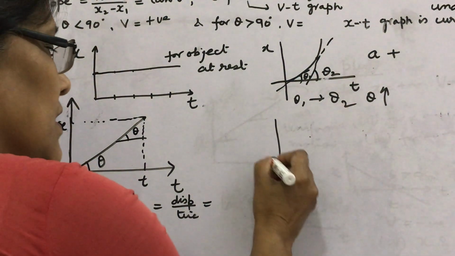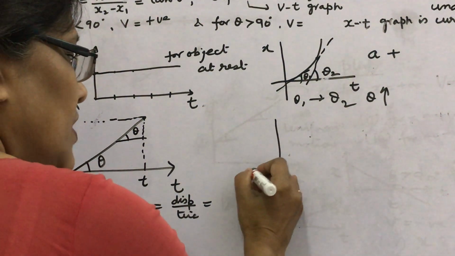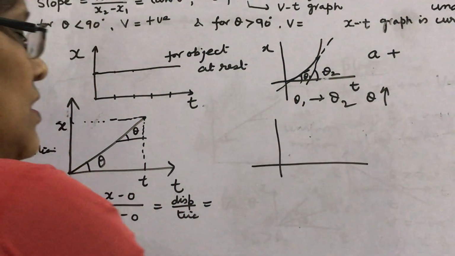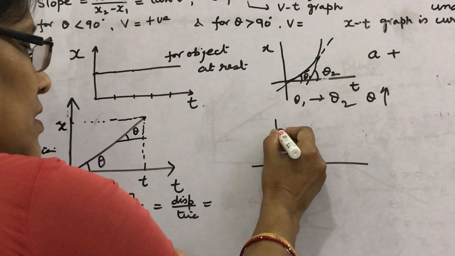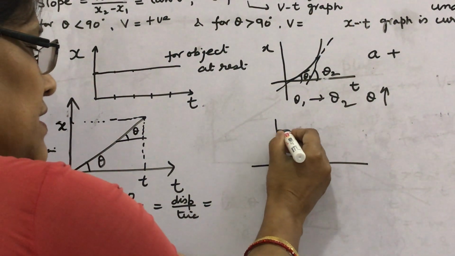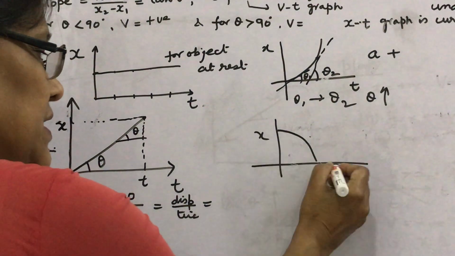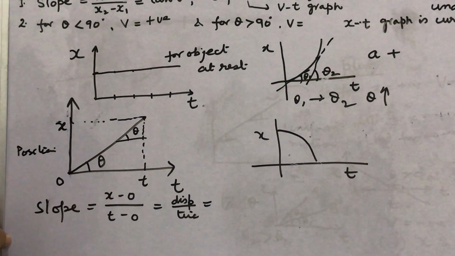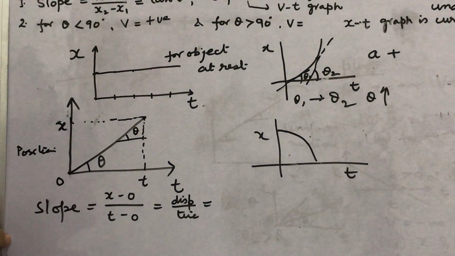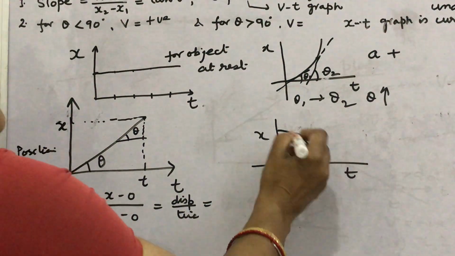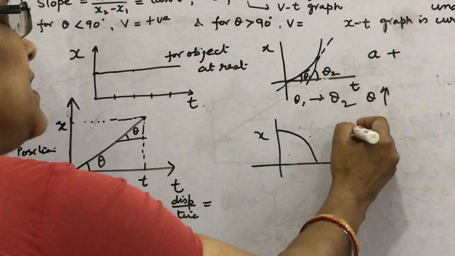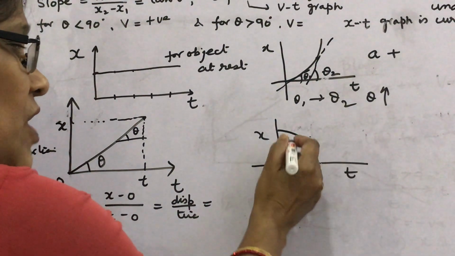Similarly, if the graph is given like this, this is the position time graph, then what will you learn? Look here, since the velocity is decreasing, how can you find?